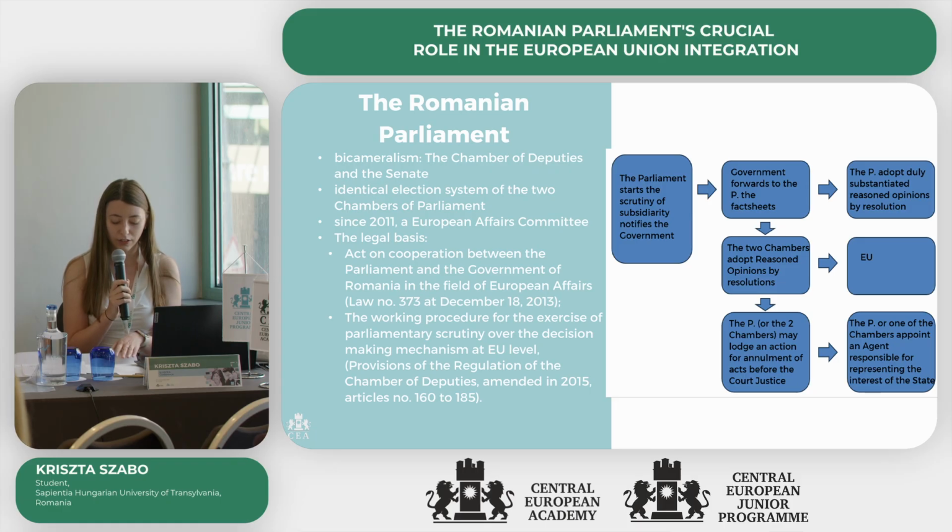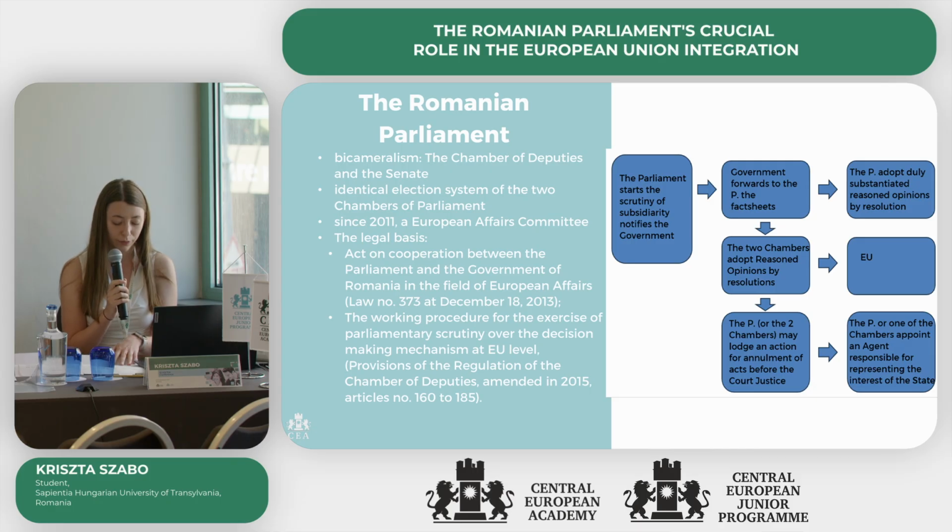The two houses also adopt resolutions to confirm if draft EU laws meet the principles of subsidiarity and proportionality, often adding their own comments. Additionally, if Parliament or either chamber finds that an existing EU law violates subsidiarity, they can take the matter to the Court of Justice of the EU. In this case, an agent is appointed to represent Romania's interest in the court, and the government handles the official correspondence with the court.